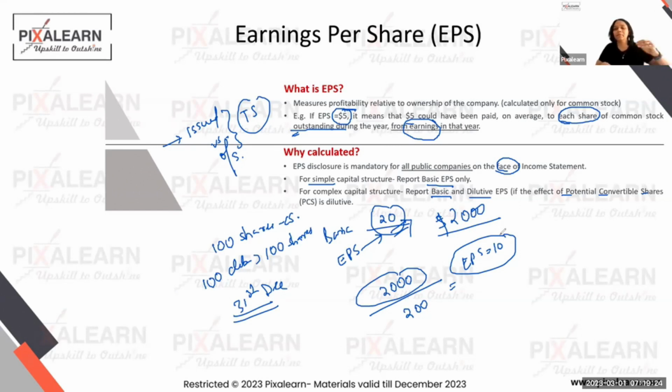With no information, if this is not getting to the shareholders, they cannot make a timely decision about whether they want to stay invested in the company or not. Hence, it became mandatory that if there is a potential conversion, you assume that the conversion would have happened on the first day of the year and let the shareholders know the potential effect.